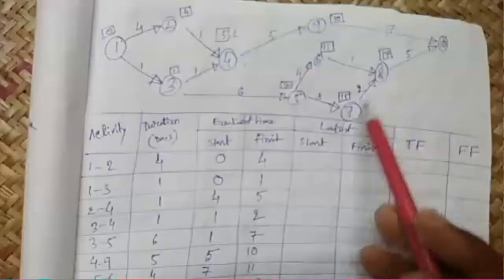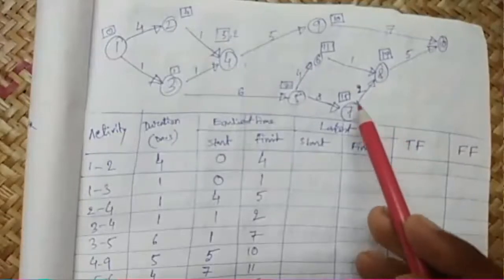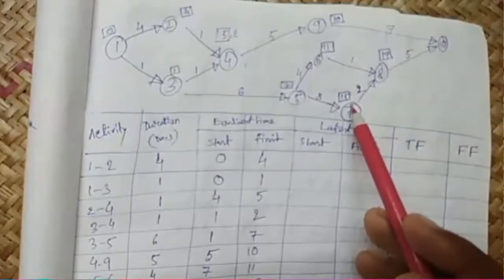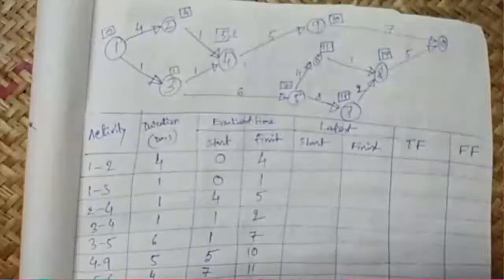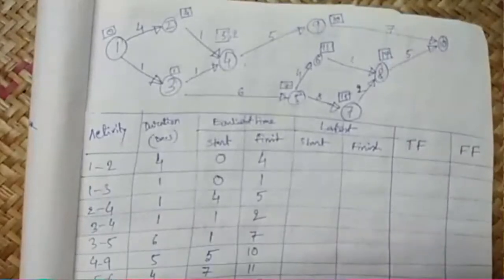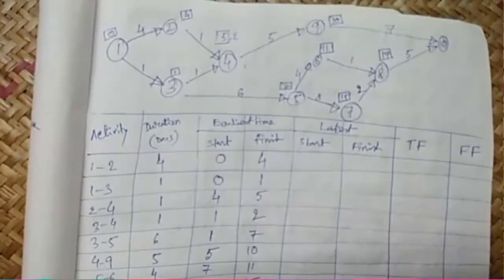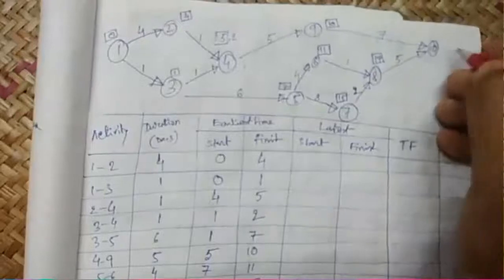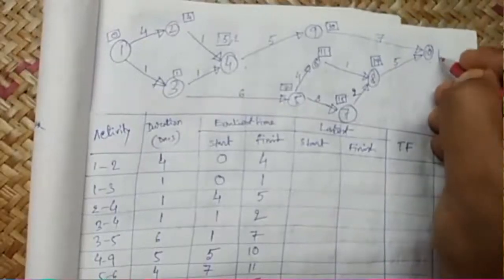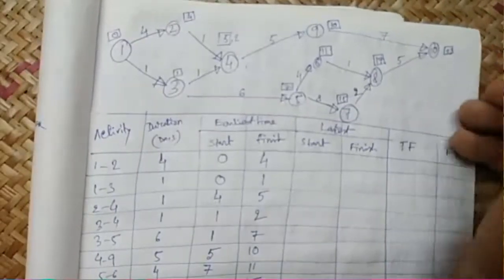Then we'll talk about 7 8. It starts at 15 and takes 2 days, so it will be 17. Now 8 10 will be finished on 22. So we can write here 22.